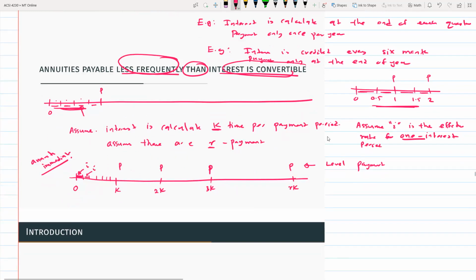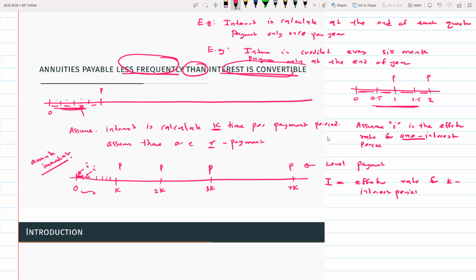So then let's calculate capital I, which is the effective rate for the entire K interest periods. Capital I is the effective rate for K interest periods.